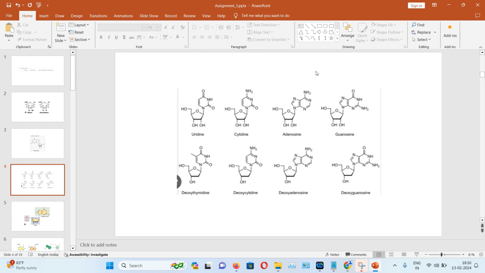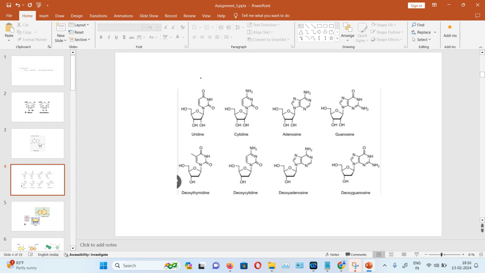There are different types of nucleosides present here. You can see these OH groups, so this is a ribose sugar, because there are two OH groups here, two OH groups here, and two OH groups here. So all are ribose sugars.